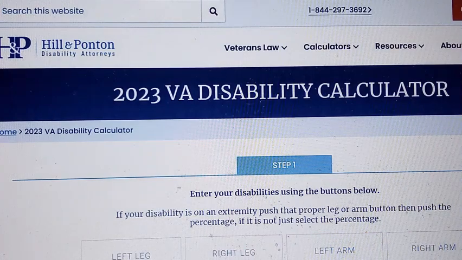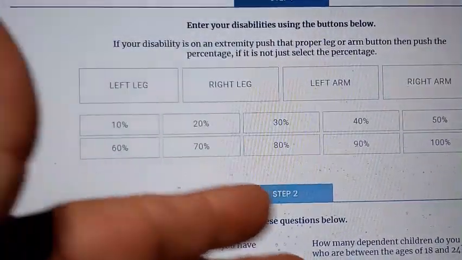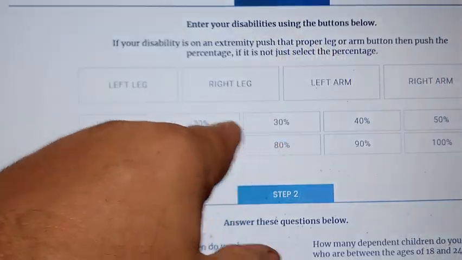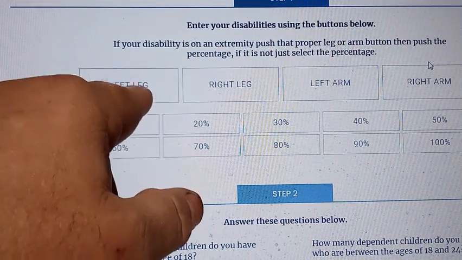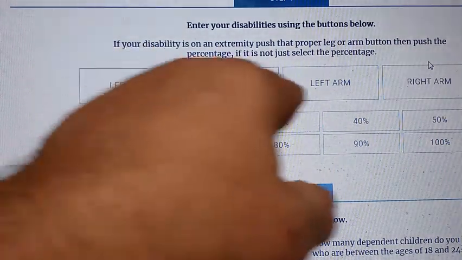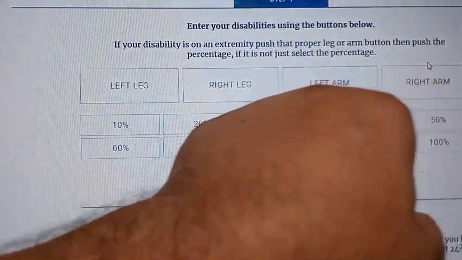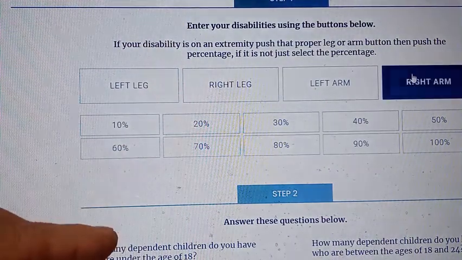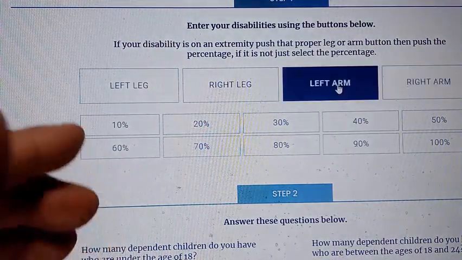So step one, you put in all the things that you're disabled for. If it's your leg, you click whatever. If it's your arm, you click left arm.